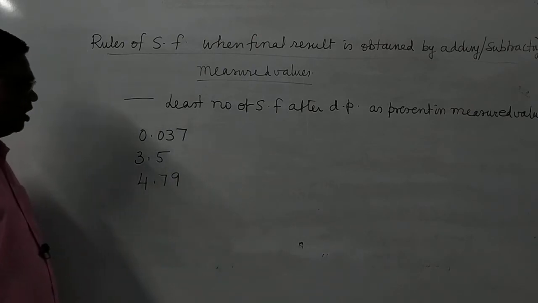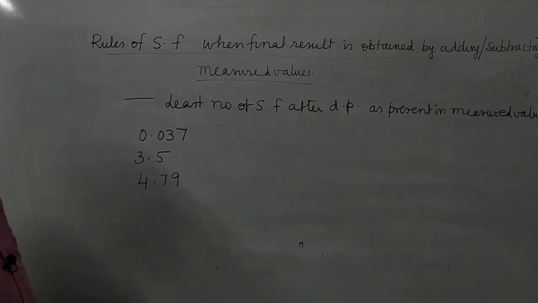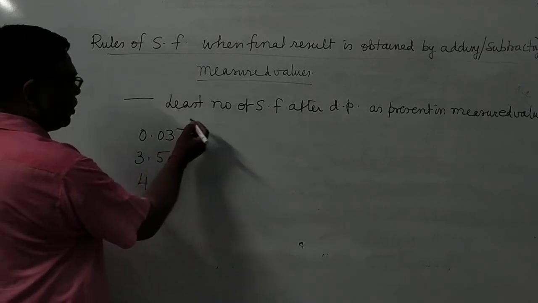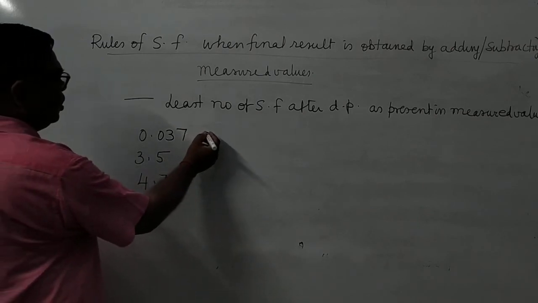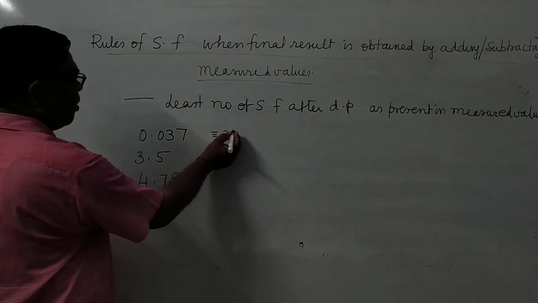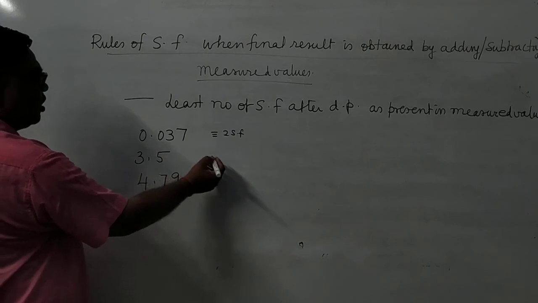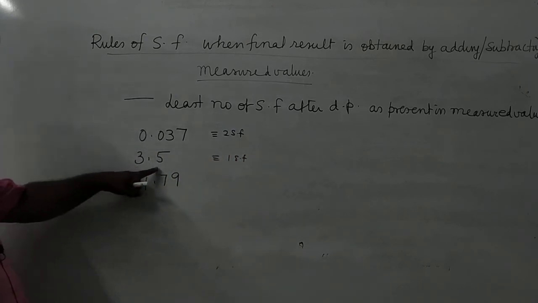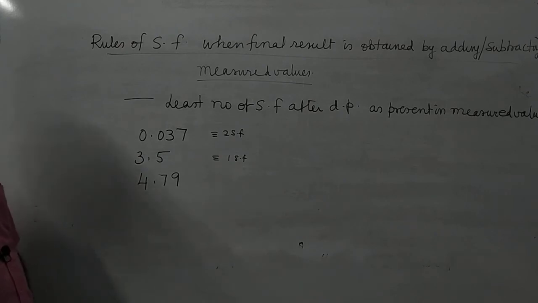In addition and subtraction, we look at the number of significant figures after the decimal point. Here there are two significant figures after the decimal point. Here after the decimal point, one significant figure. Though there are two in total, after the decimal point there is only one.